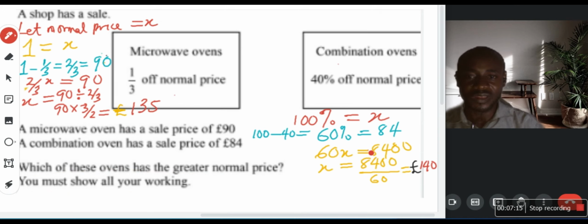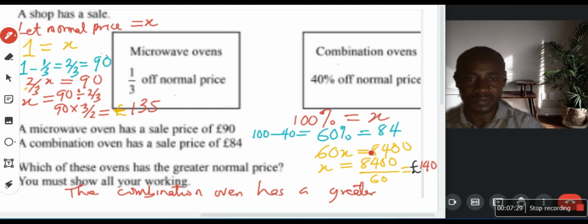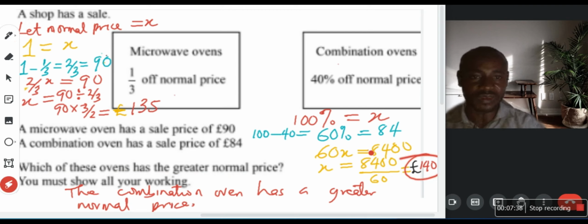Obviously, the combination oven has a greater normal price, because the combination oven has 140 while the microwave oven has 135.